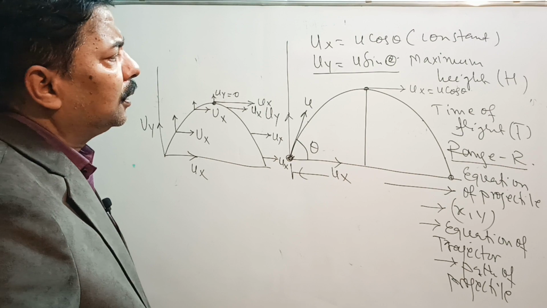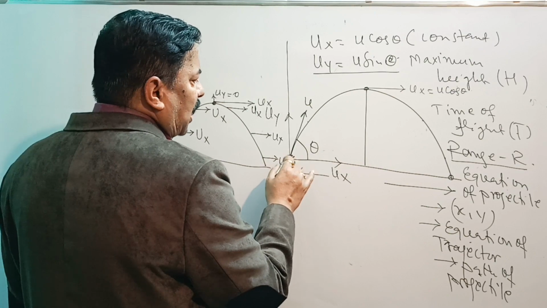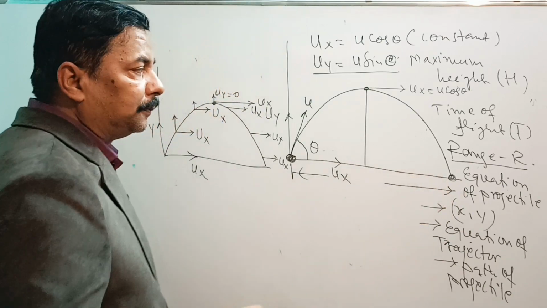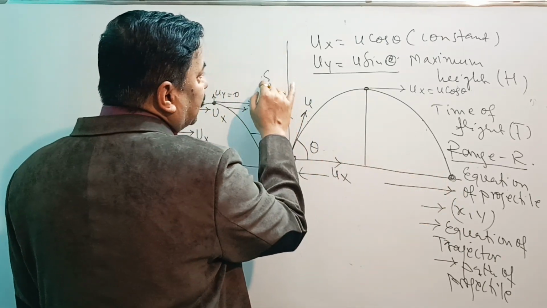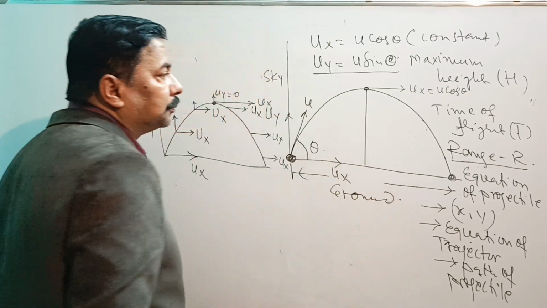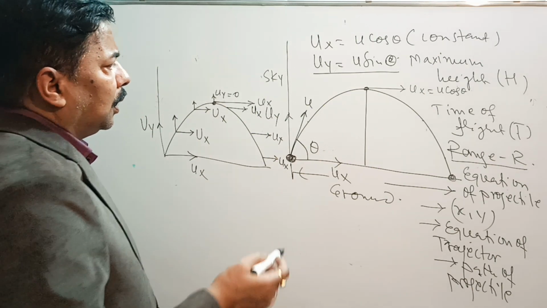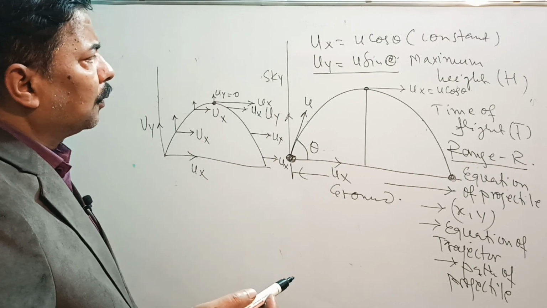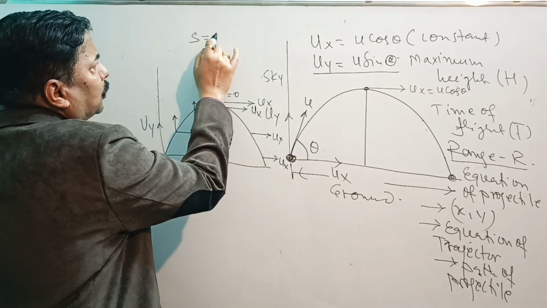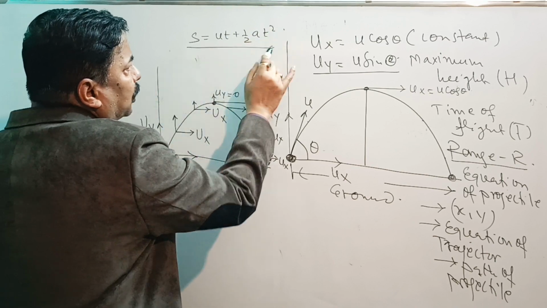If we want to find the time of flight, the time for which the projectile remains in air, in the ground to ground projection, to derive the expression, we can use the relation S is equals to ut plus half at square, the equation of motion.